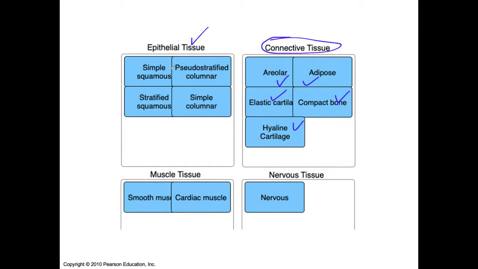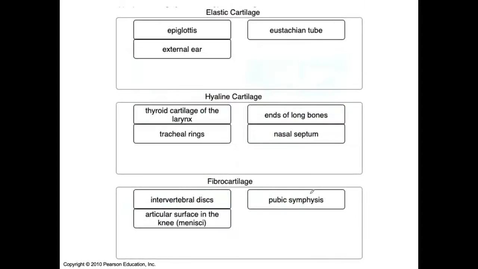Under epithelium, well, yeah, anything with simple or stratified, and even pseudostratified have to go in there. And then these are the shapes, squamous, columnar. We don't see cuboidal here, but you get the point. Muscle tissue was cardiac, smooth, and skeletal, and nervous tissue was nervous. I mean, they could put neuron here or neuroglial, so just be familiar with those.